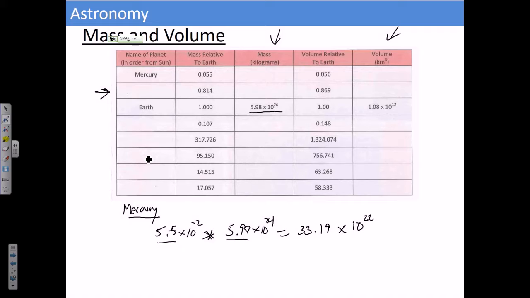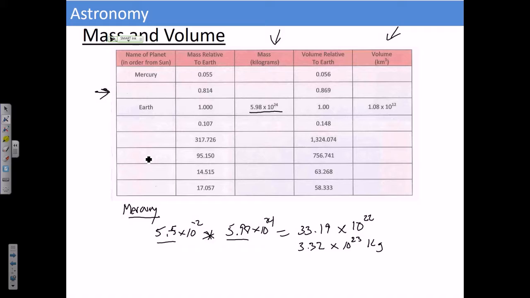Now, most of the time we want to move that decimal so that we have one significant figure before the decimal, and so we're going to do 3.3. And we can round it to 3.32 times 10 to the 23rd. Move it to the left, we're going to add an exponent to our value. We're still going to get the same value, and that's going to be kilograms.